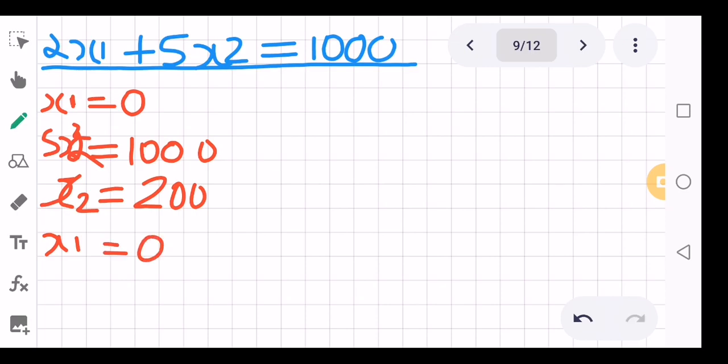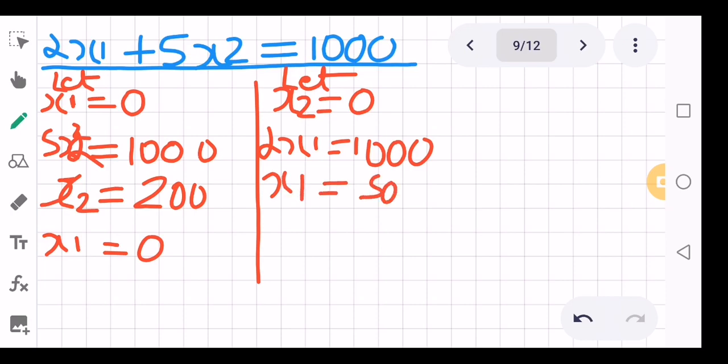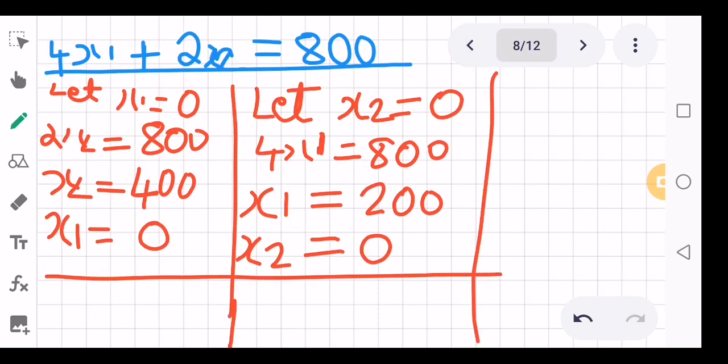Same thing you do: let x2 be 0. If x2 is 0, then what will be left? 2x1 is equal to 1000. So x1 will be equal to 500 and your x2 here is 0. Okay, that is how you got all these values.